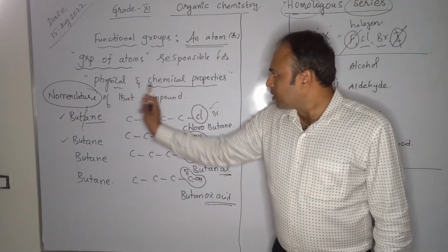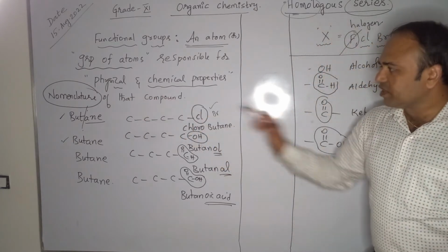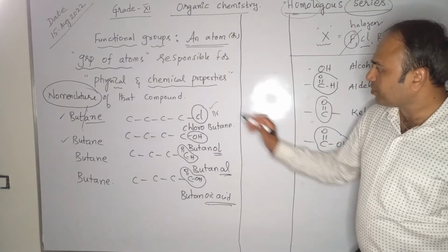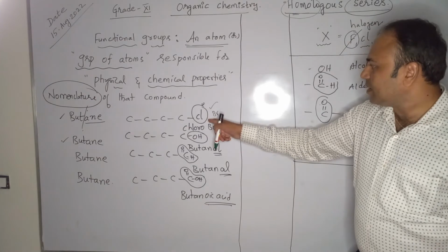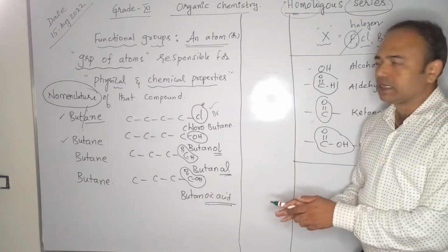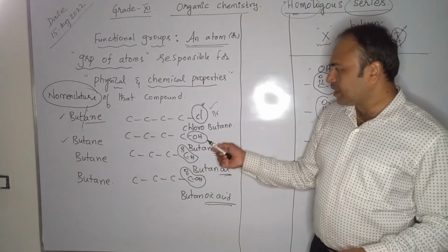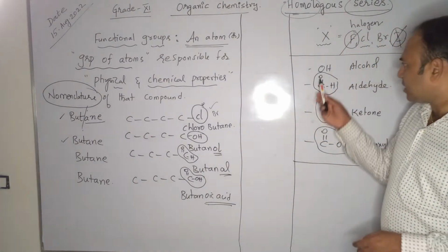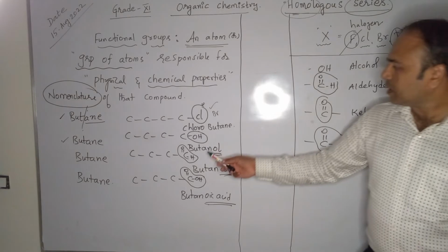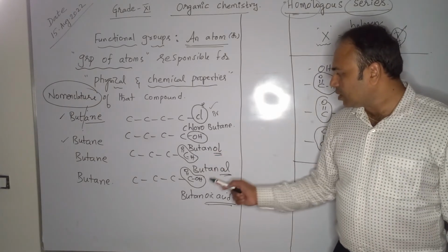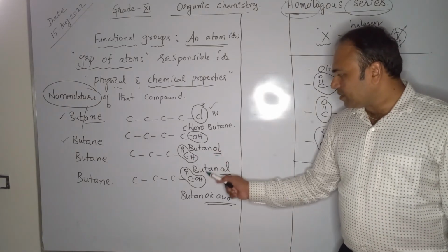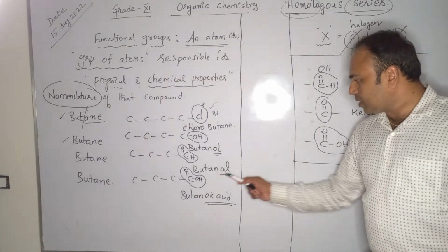And now the chemical and physical properties will change, because chlorine is present. It shows the chemical properties related to halogens. And now OH is there, nothing but a group of atoms. Due to that, the name changed to butanol. Next, aldehyde is there, so it became butanal.